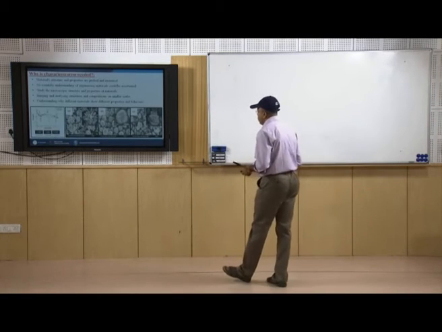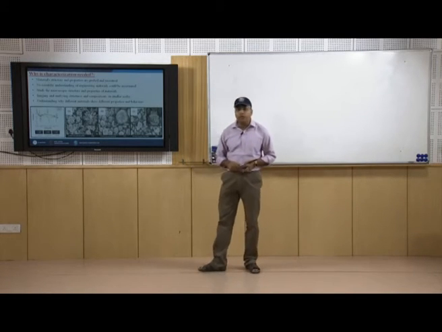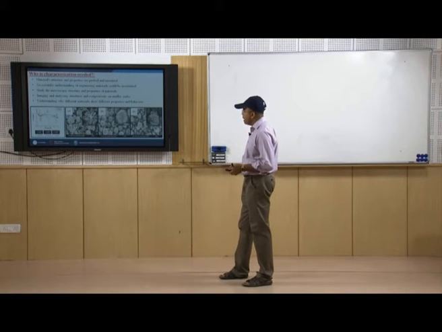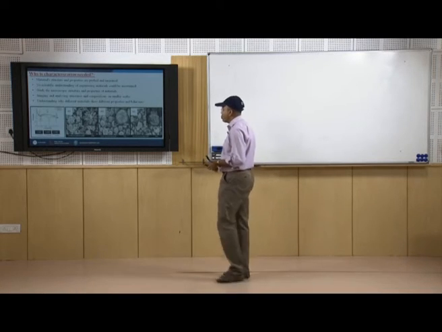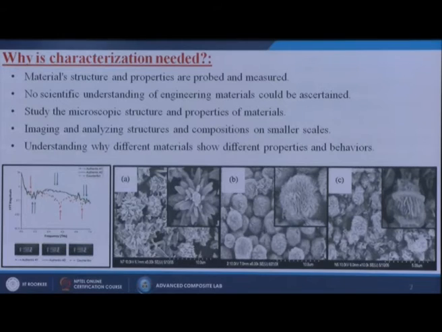Before we start, we first have to know why characterization is actually required. First of all, material structure and properties are probed and measured. Otherwise, no scientific understanding of engineering materials could be ascertained. We study the microscopic structure and properties of materials, imaging and analyzing structures and composition on smaller scales, and understanding why different materials show different properties and behaviors.